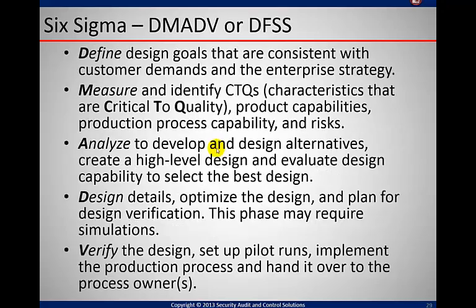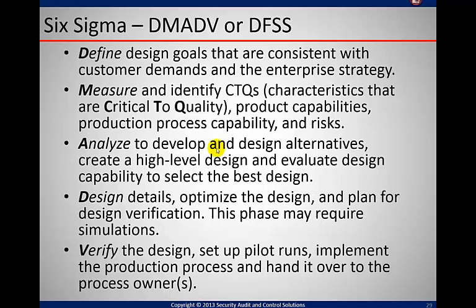The DMADV has the following steps. We will define design goals that are consistent with customer demands and the enterprise strategy. We will measure and identify CTQs, which are the characteristics that are critical to quality, product capabilities, production process capabilities, and risks.